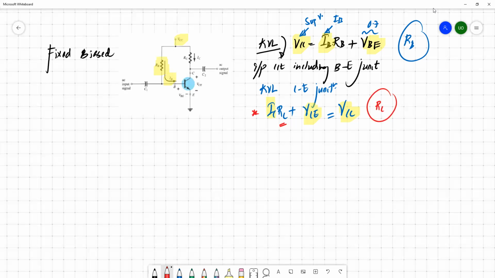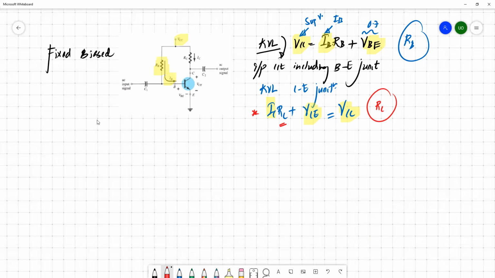But the issue is that once you place this RB, you don't have control there, because with the supply voltage and RB, your base current is basically fixed. You cannot control the base current without changing the RB.